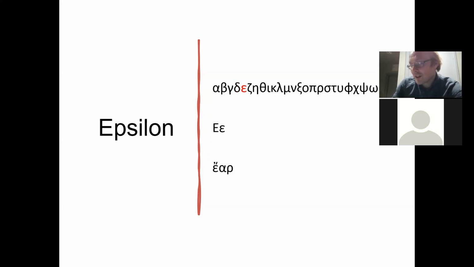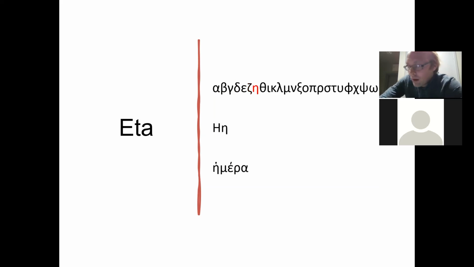Epsilon expresses a short E sound. A Greek word beginning with epsilon is, for example, ear, which means spring. The sixth letter is zeta, which is pronounced like a voiced S. Zeus, of course, is the name of the highest god in the Greek pantheon. Moving on, the next letter is eta, which is pronounced like a long E sound.